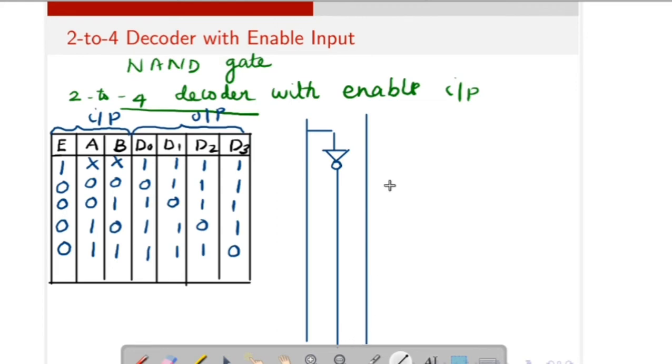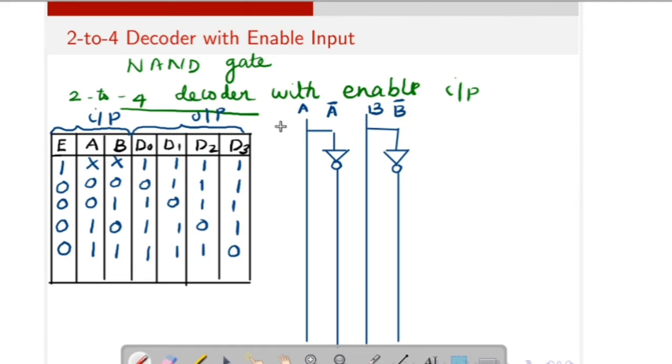Then B, again B is complemented with an inverter, so this is B bar. Okay, so we can write the inputs: here it is A and here it is A bar, B, B bar.